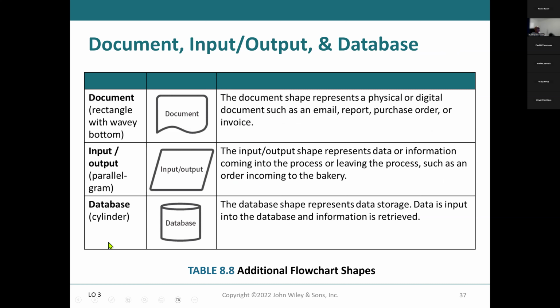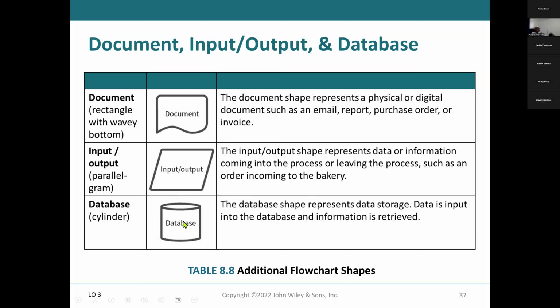Some of the other items that are typically used in a flowchart. A document is represented by this particular shape. Input, output, where data is being entered, or data is coming out in one form or another, is a parallelogram. This symbol represents storing of data.